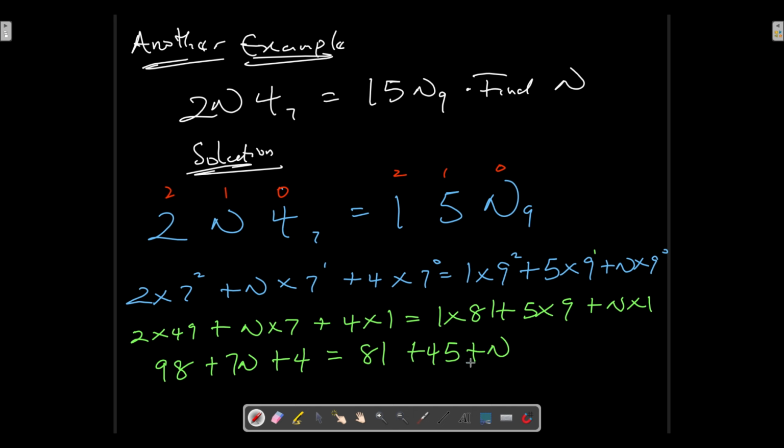In mathematics, we collect like terms. Let's bring all of the n's to the left hand side and bring all the constants, all the numbers that do not have n, to the right hand side. So 98 and 4 are coming to this side while n is coming to this side.